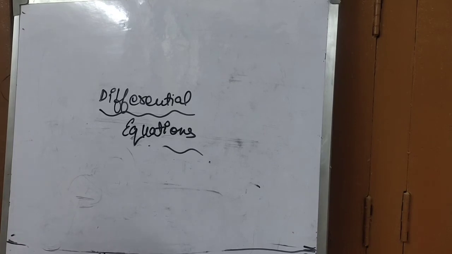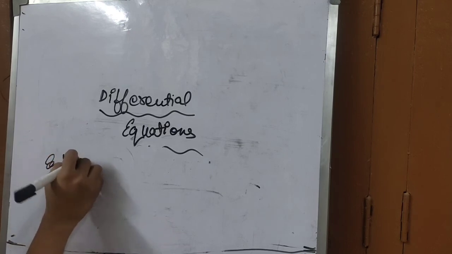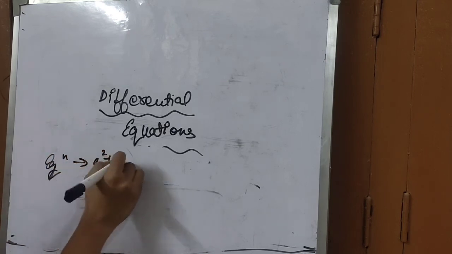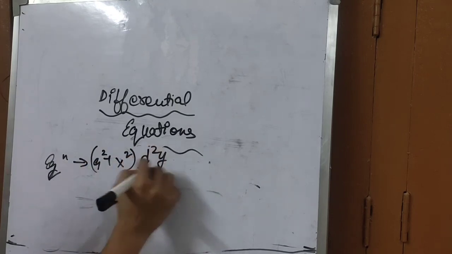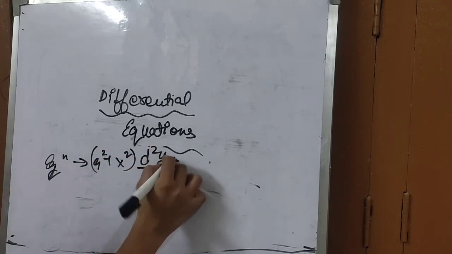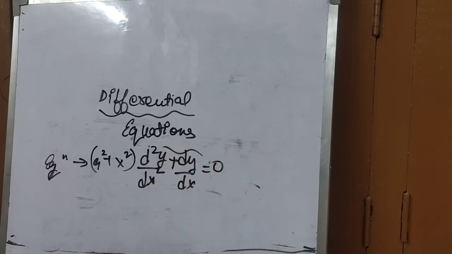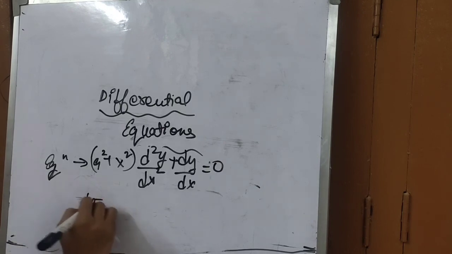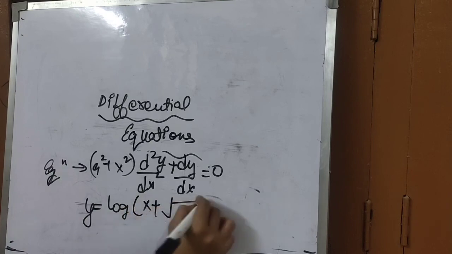The equation given to you is (a square plus x square) into d2y by dx square, adding up with dy by dx equal to 0. You need to verify this equation, and you are given y is equal to log of x plus root of x square plus a square.